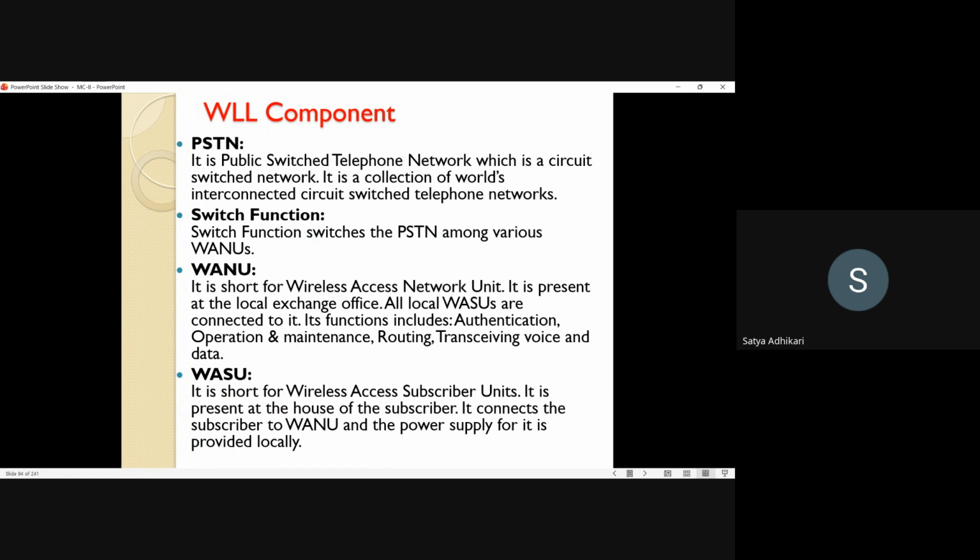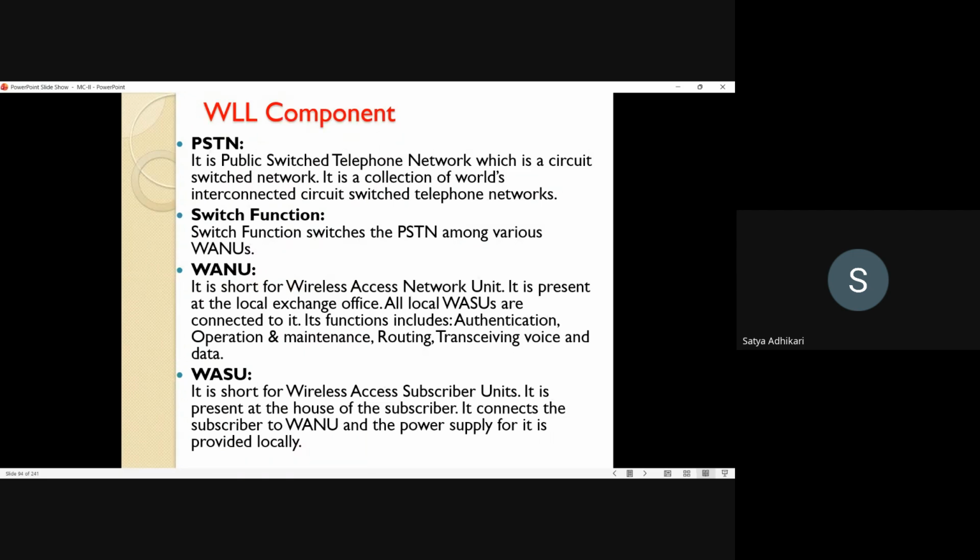What is WANU? It is short for Wireless Access Network Unit. It is present at the local exchange office. All local WASUs, that is Wireless Access Subscriber Units, are connected to one WANU. Its functions include authentication, operation and maintenance, routing, and transmitting voice and data.